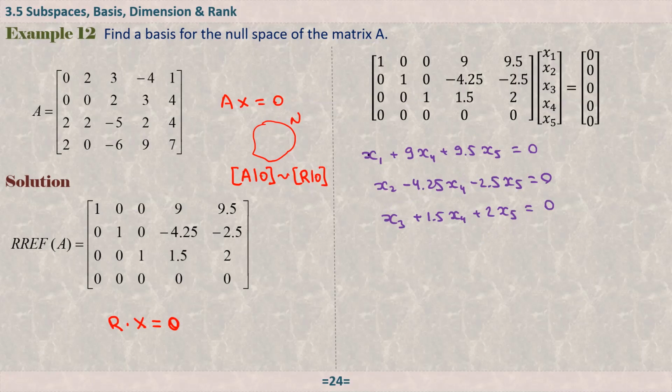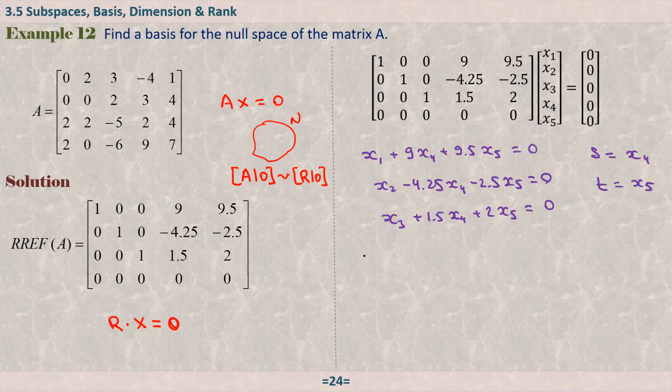As you see here, x1, x2, x3 are dependent variables, and x4 and x5 are independent variables. So let's say S equals x4 and T equals x5.